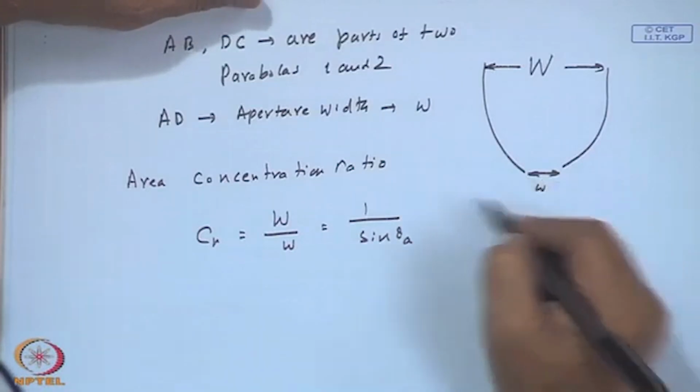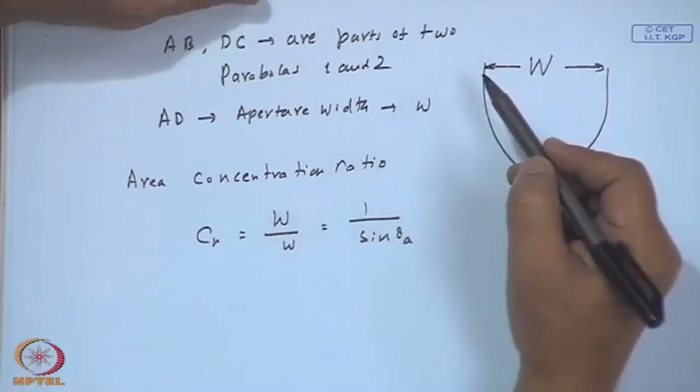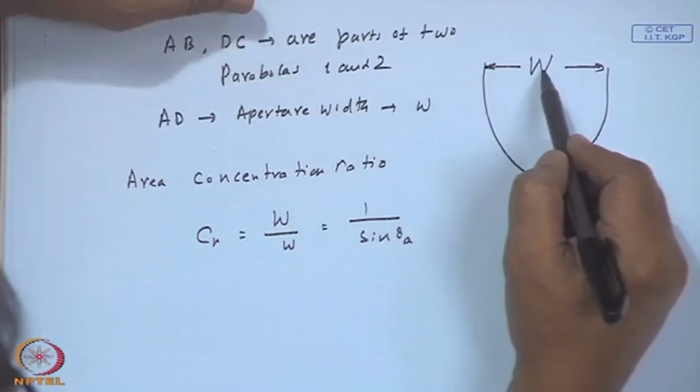The concentration ratio per unit length you can express simply as W upon small w.